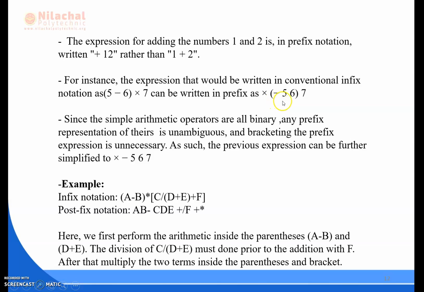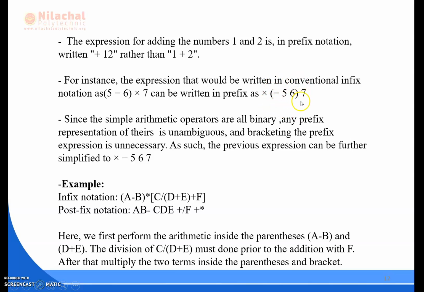Now minus 5 6 is one operand and 7 is the other operand, and in between them the operator is the multiplication sign. So the multiplication sign will come to the first place and then the two operands. Finally we get the prefix notation as multiplication, then in parentheses minus 5 6, and at the last the operand 7.